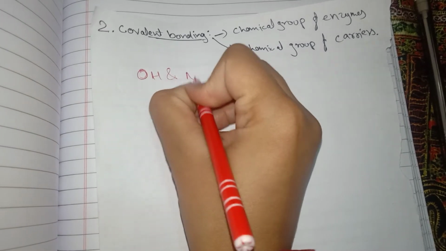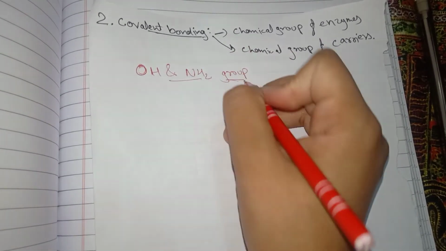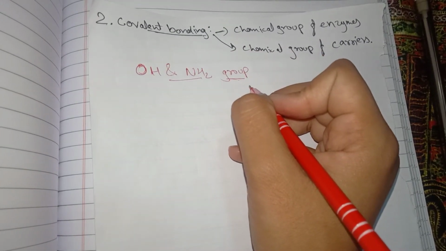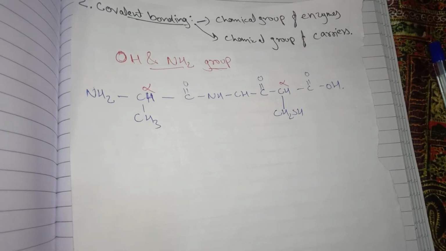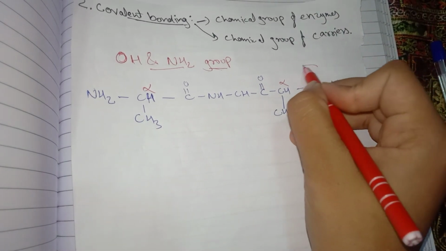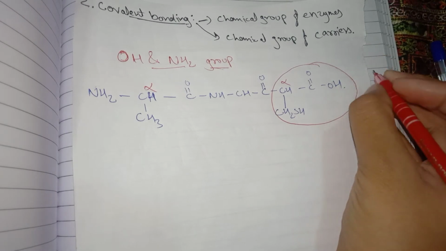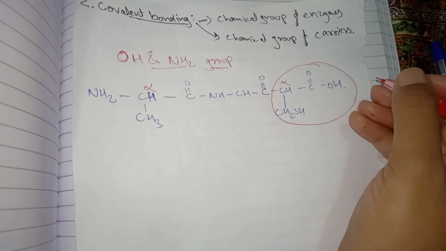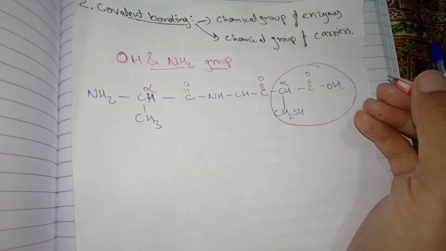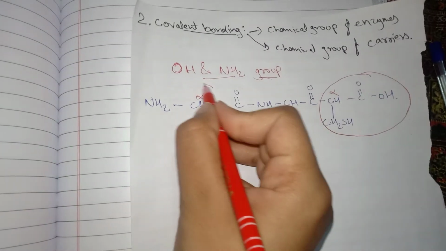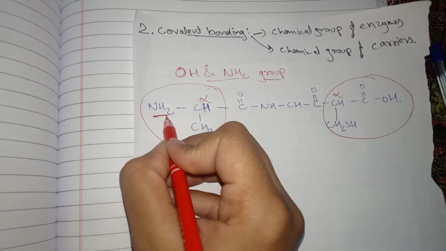OH and NH2 group of enzyme and carrier can easily form a covalent bond. So alpha COOH group of the enzyme provides important functional group and alpha NH2 group at the end terminal of enzyme.